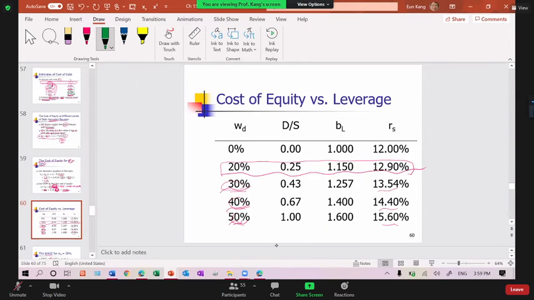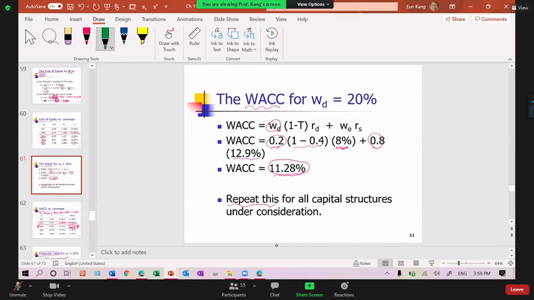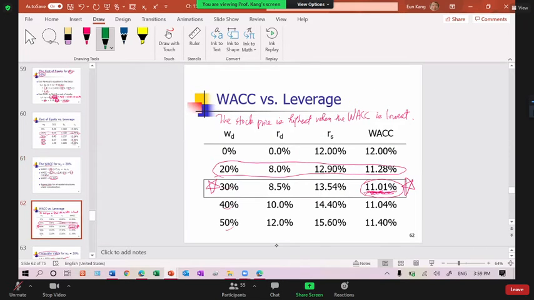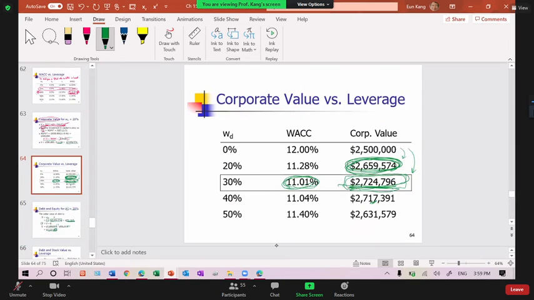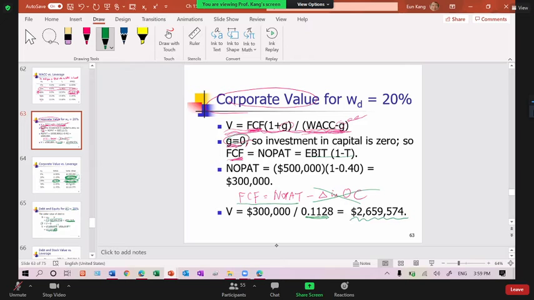And then what? Then you use WACC, 20%, 80%. When you calculate WACC, then what? Then your corporate value is what? Free cash flow over WACC. So that is total company value.